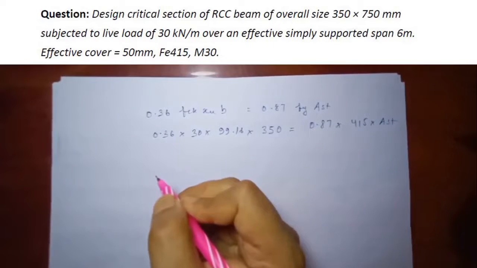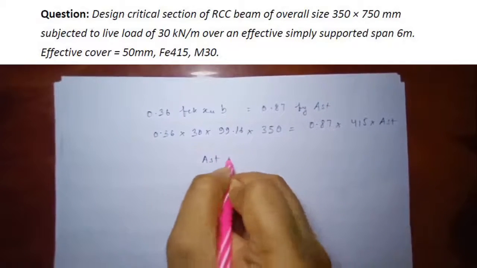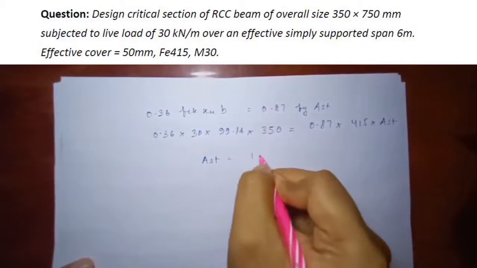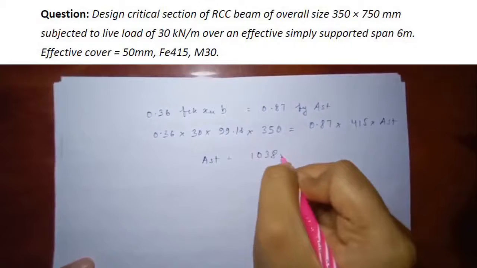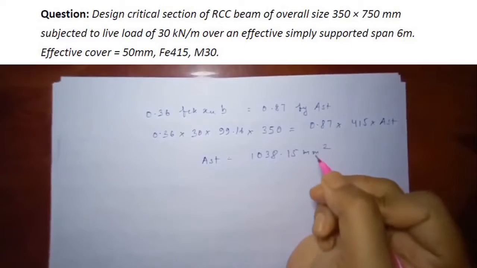So by this I will get AST is equal to 1038.15 mm square.